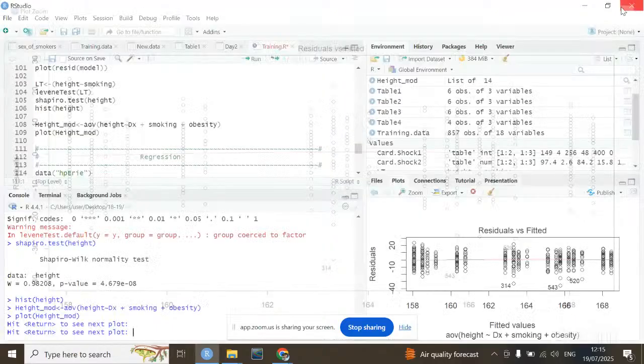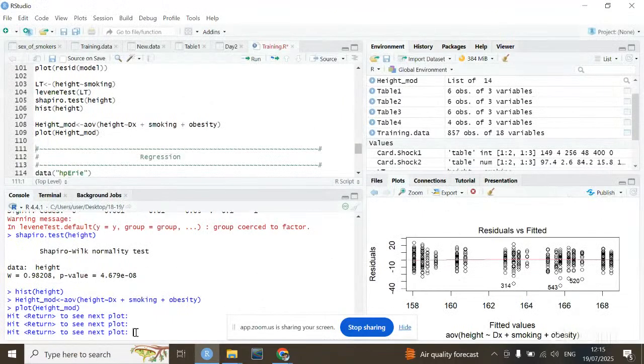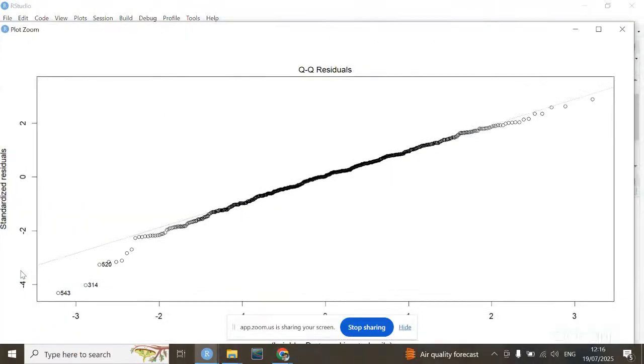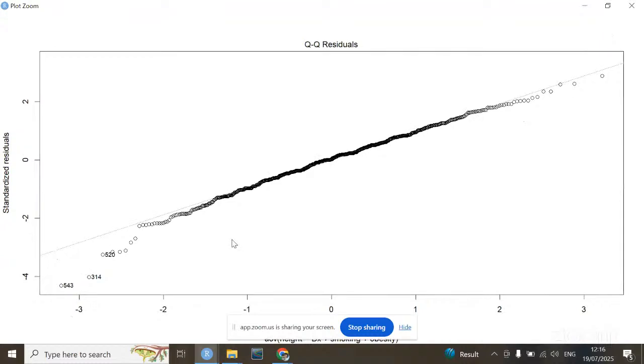When we look at the QQ plot, the ideal would be to follow this straight line here. These points here may require data transformation, so the data points are not independent. There's some specific relationship. I don't know if you got it. For us, we are supposed to base on the straight line.